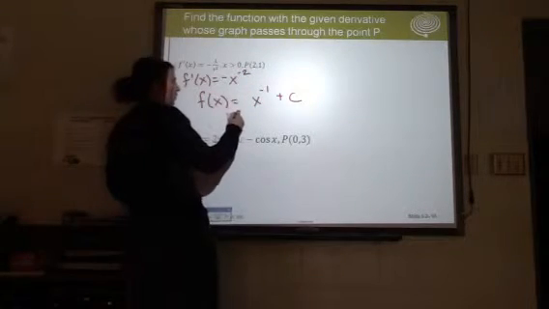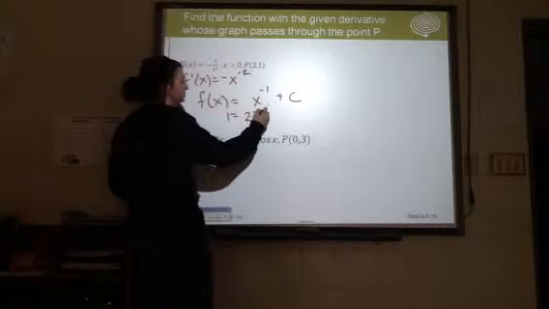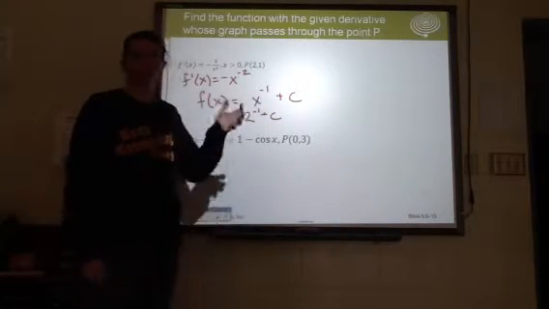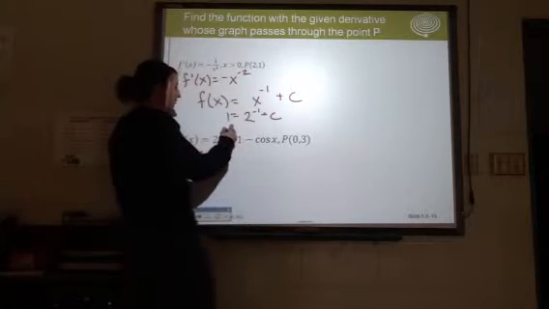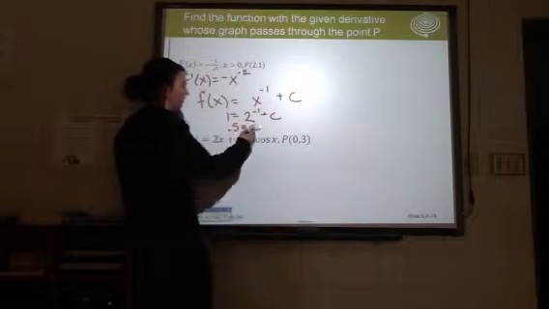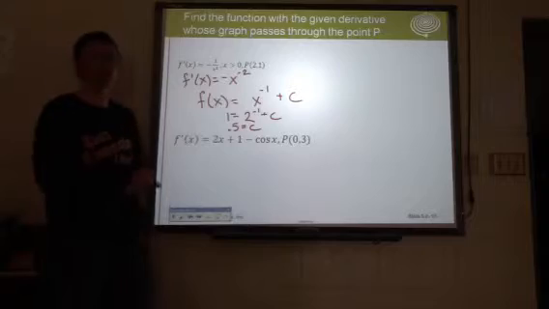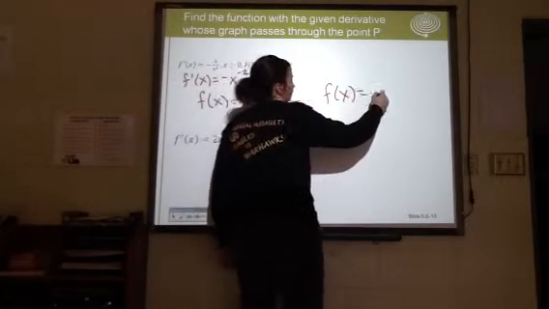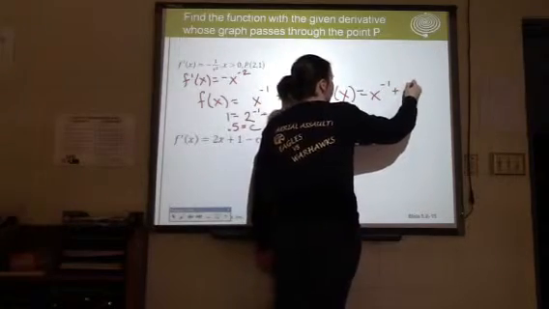So the y value is 1, the x value is 2, and I solve that for c. So 2 to the negative 1, that's 1/2. I subtract 1/2, and I get 1/2. So c equals 1/2. So my actual answer is this. F of x equals x to the negative 1 plus 1/2.